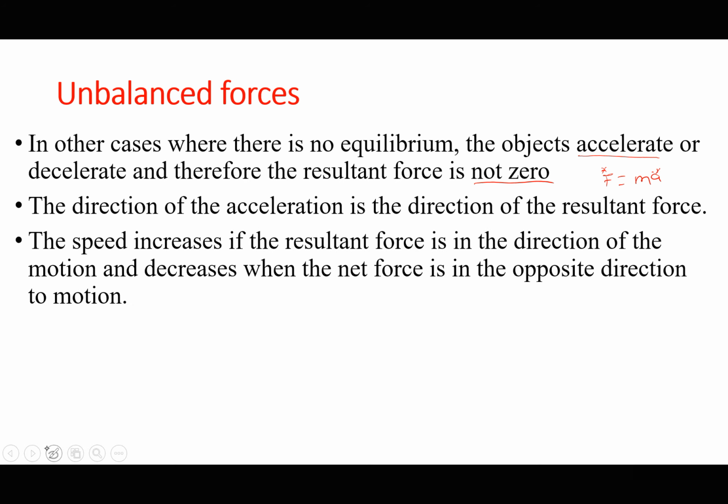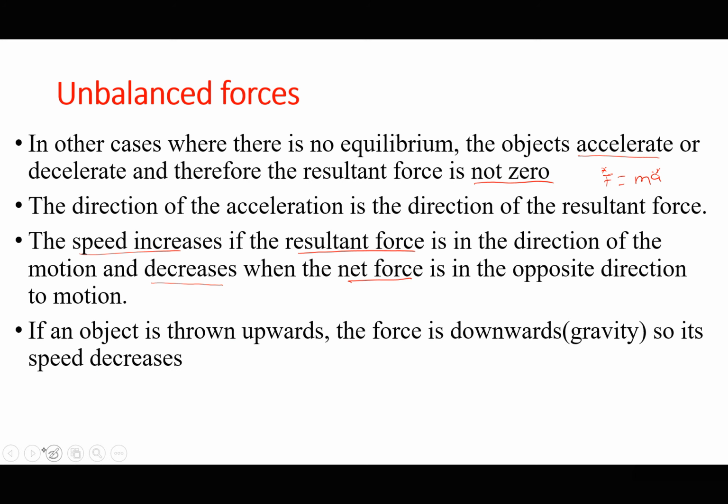So the speed, like I've said, increases if the resultant force is in the direction of the motion, and the speed decreases when the net force or the resultant force is in the opposite direction to motion. So motion and resultant force in the same direction cause speeding up. Motion and resultant force in opposite directions cause slowing down.